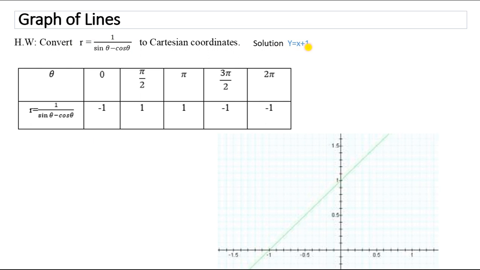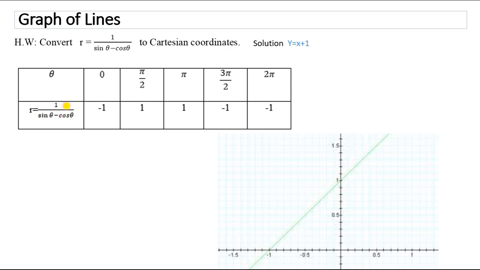I want to sketch this in polar coordinates, with theta equals 0, pi over 2, pi, 3 pi over 2, 2 pi. I want to sketch r equals 1 over sine theta minus cosine theta.